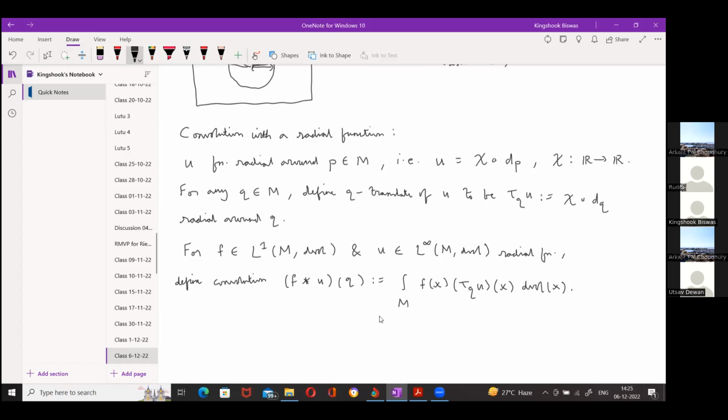Is this clear? Yeah, so this convolution with the radial function will make sense in any manifold where the exponential at each point Q is a diffeomorphism from the tangent space to the whole manifold. That is all you need.